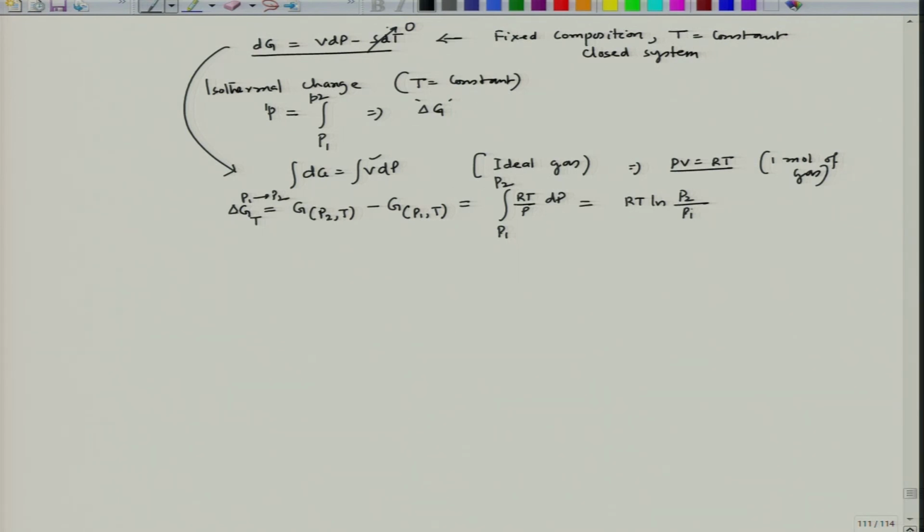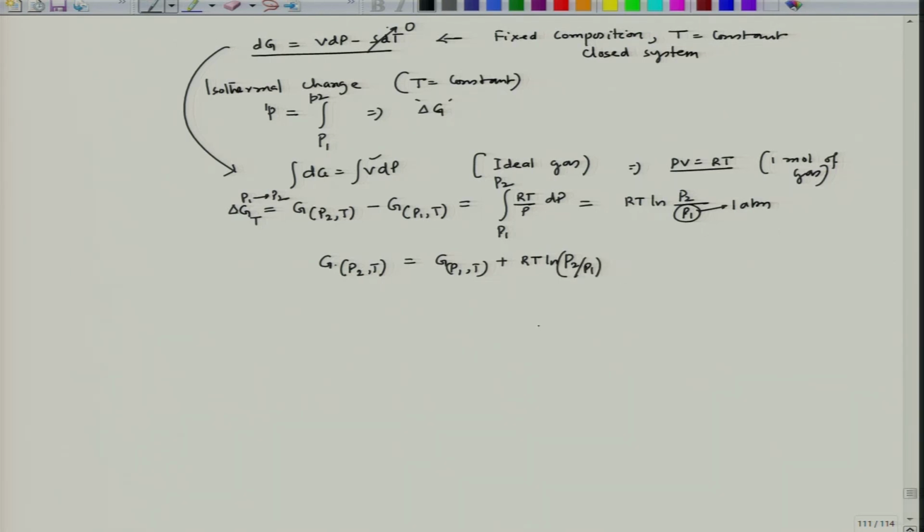Now, if we take P1 to be 1 atmosphere, then RT ln P1 becomes 0. So, I can say that G at P2 and temperature equals G at P1 and temperature plus RT ln P2 by P1.